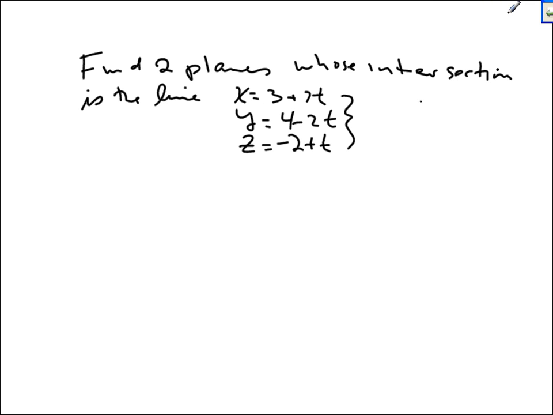We really should say that t can be any real number. This is in parametric form. I know it's parametric because they all have the t.